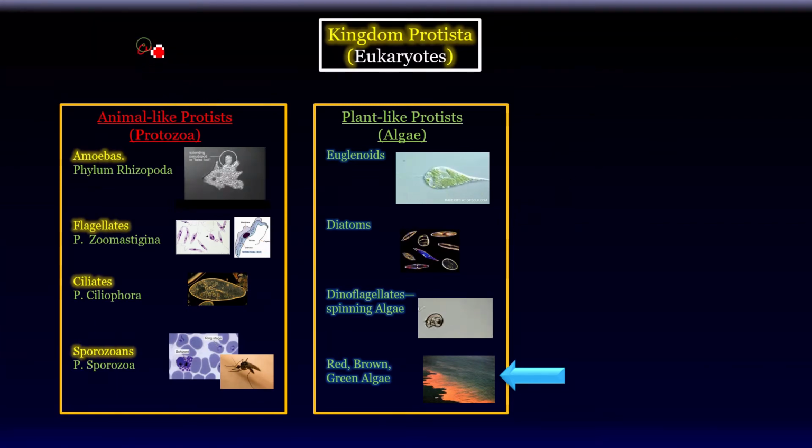Cyanobacteria are photosynthetic bacteria, also known as blue-green algae. Because they do photosynthesis, they were classified in this group, but they're no longer classified that way, though the name persists. So blue-green algae actually are not algae, but cyanobacteria.